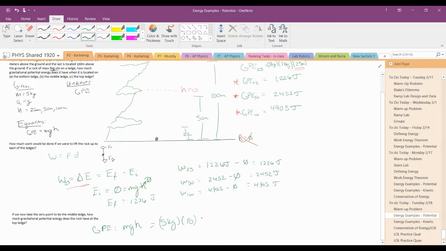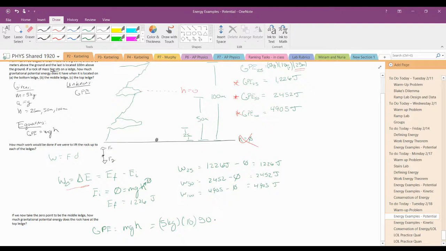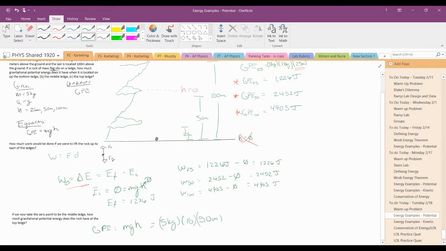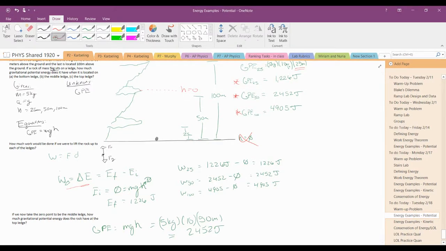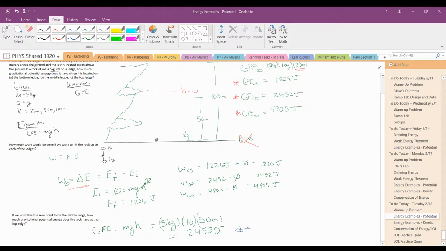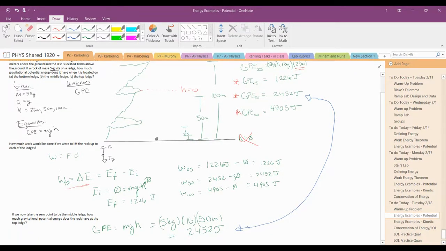So then that would be our new height value, 50 meters. Okay. And that would give us about 2,500, or if we're to use exactly 9.8 for gravity, we'd have 2,452 joules, which is exactly what we found. This completely matches this, because it's still a gravitational potential energy of 50 meters each time.